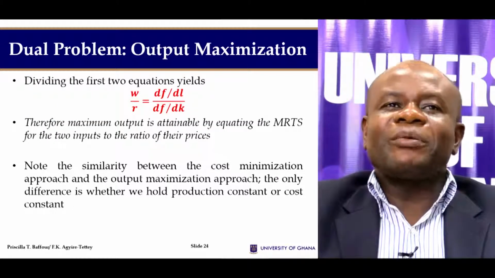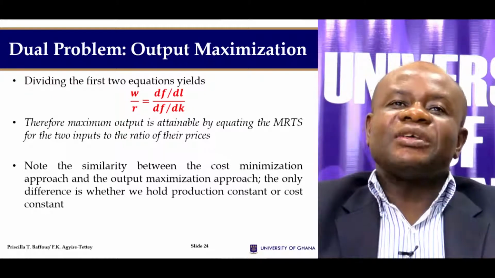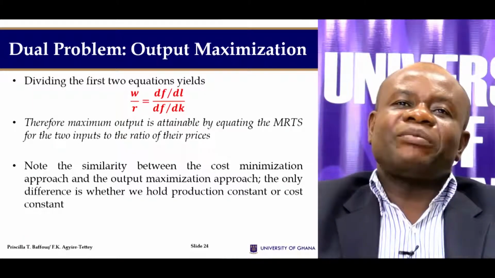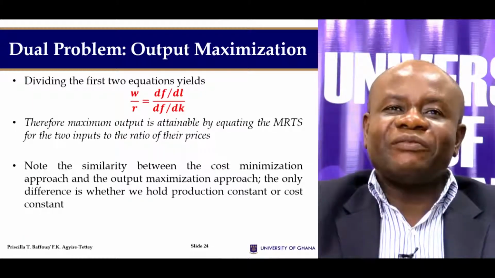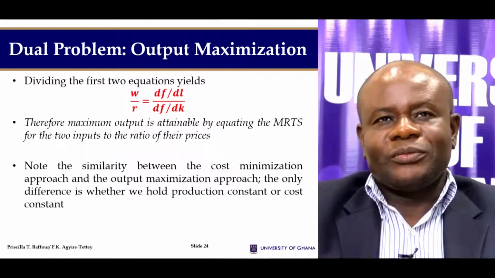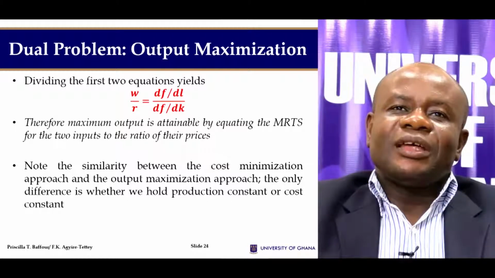Again, when we manipulate this, we are going to arrive at the same equation that we came to: the price of labor divided by the price of capital is equal to the marginal product of labor divided by the marginal product of capital.